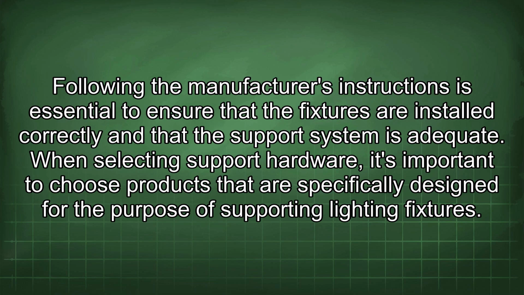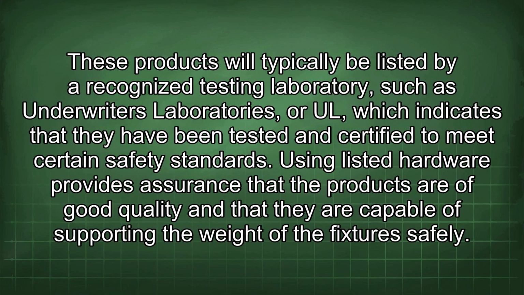When selecting support hardware, it's important to choose products that are specifically designed for the purpose of supporting lighting fixtures. These products will typically be listed by a recognized testing laboratory, such as Underwriters Laboratories, or UL, which indicates that they have been tested and certified to meet certain safety standards. Using listed hardware provides assurance that the products are of good quality and that they are capable of supporting the weight of the fixtures safely.